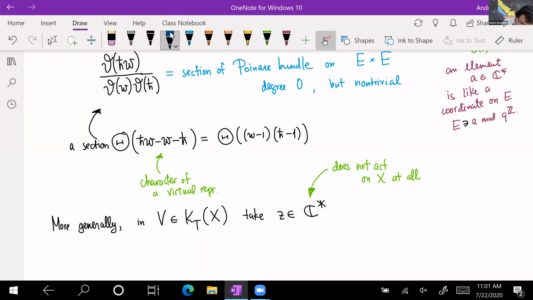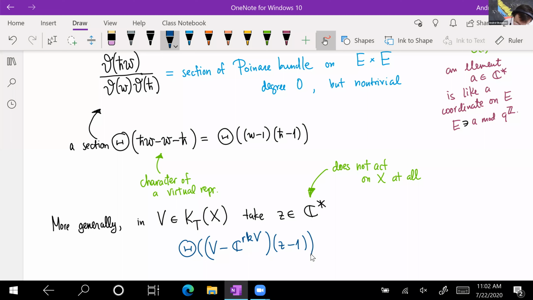And then we take theta of, but still it's a bigger group. And so we can take a theta of V minus the trivial representation of the same size, so it's just C times rank V, a trivial bundle of the same size, and then times Z minus 1.